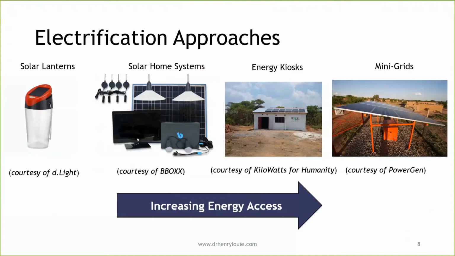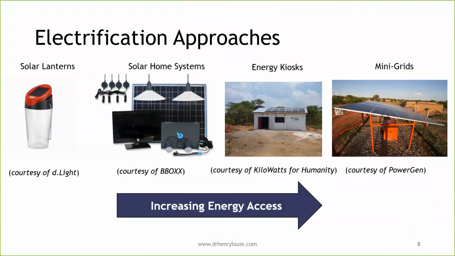Now, when we think about providing access to electricity to those who are presently off the grid, I like to think of it more as a continuum of solutions. You have small devices like solar lanterns that are good at replacing kerosene or candles. They might even be powerful enough to recharge a cell phone, but it really doesn't solve all the electricity needs of a household.